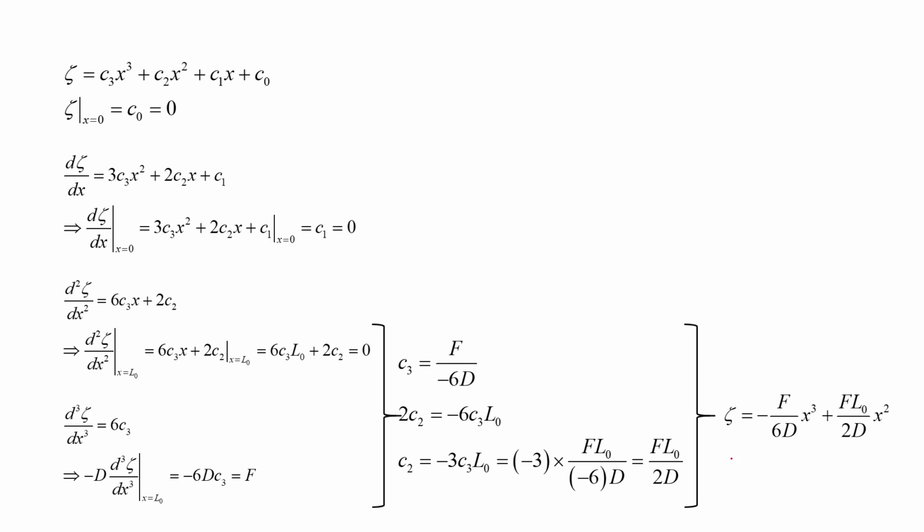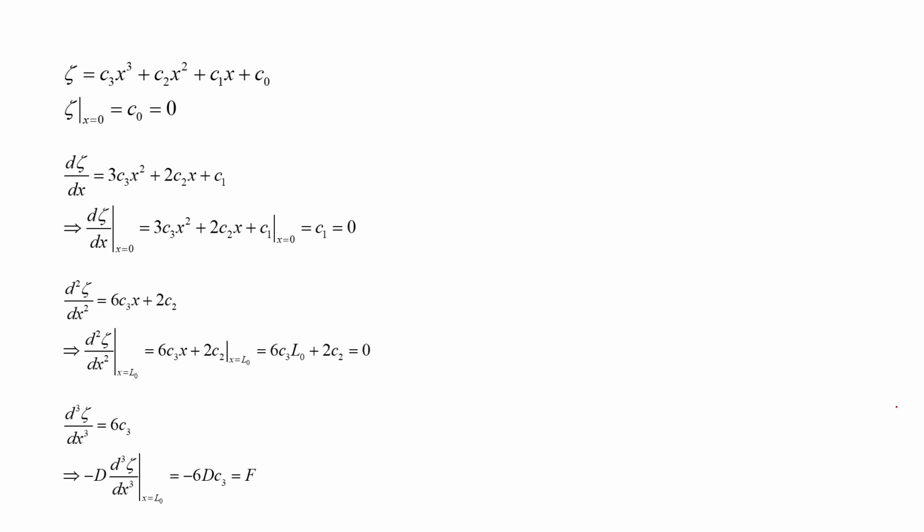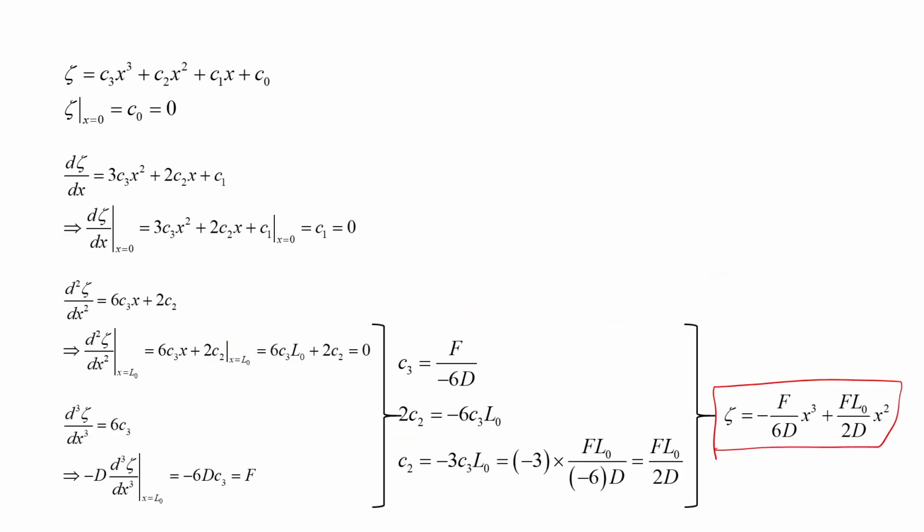Therefore, zeta will come out to be minus F by 6D times x cube plus F L0 by 2D times x square. We just derived it. That is the bending profile of this particular plate, which is clamped at one end, with a load applied at the other end.